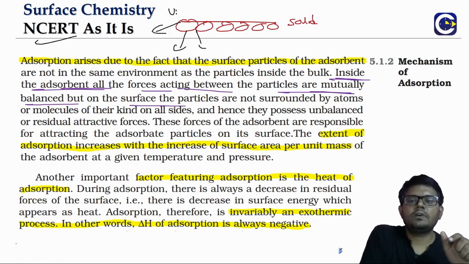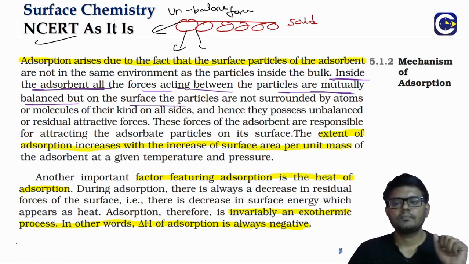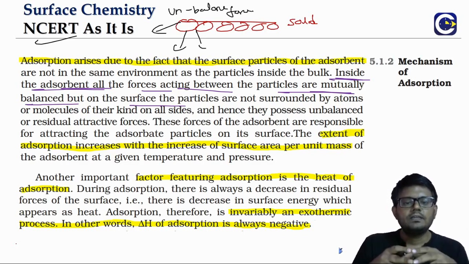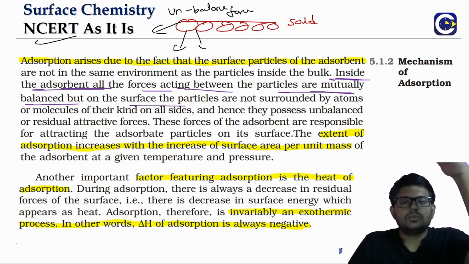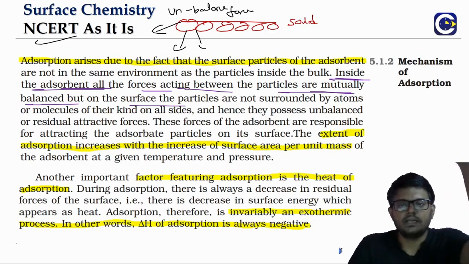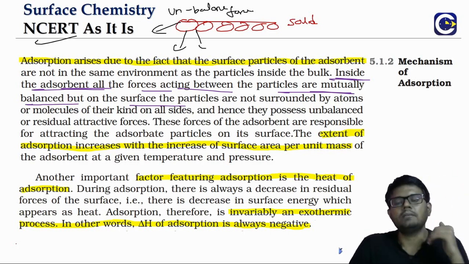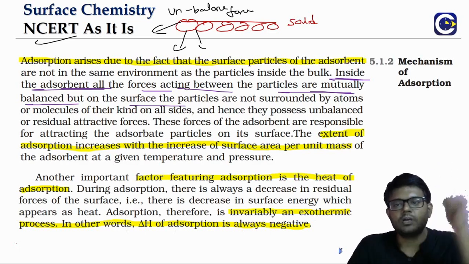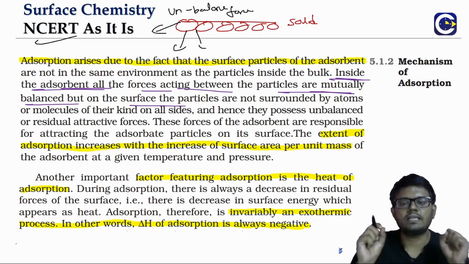Means they will have unbalanced forces acting on them. And as a result of it, they will have a tendency to attract anything that is coming from the other side. Means a gas particle or a liquid particle coming from the other side, they will be able to attract them, because of these unbalanced forces.